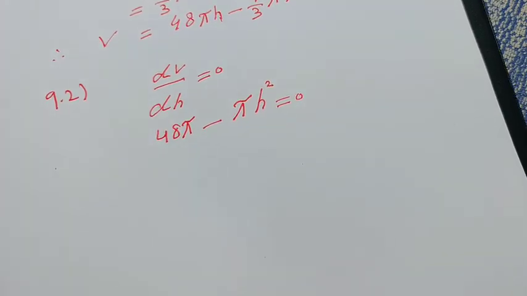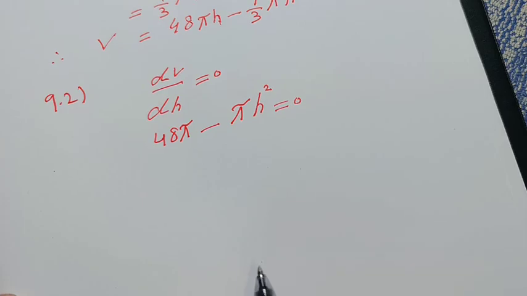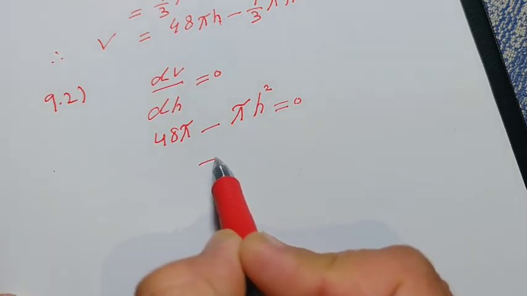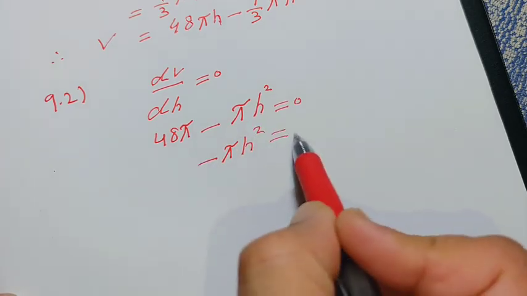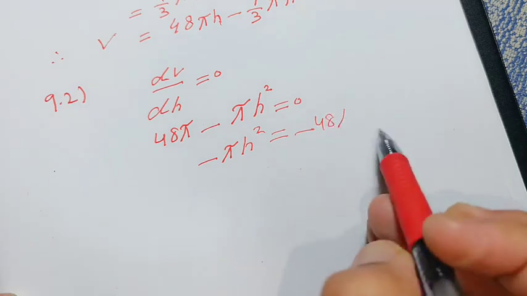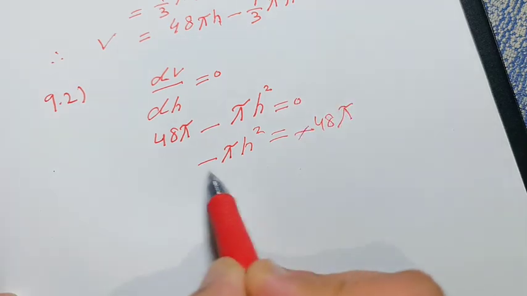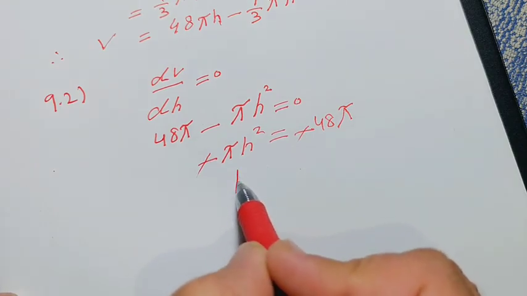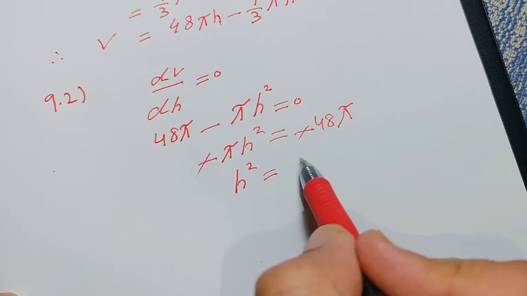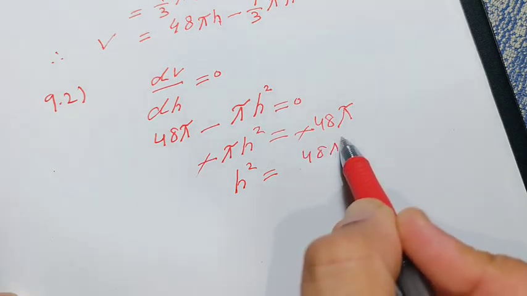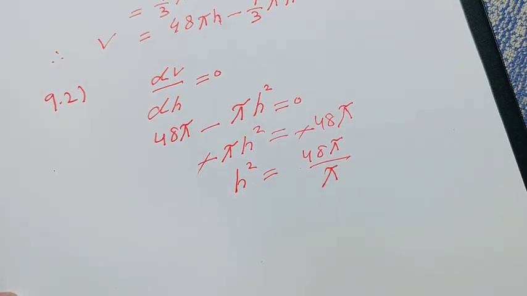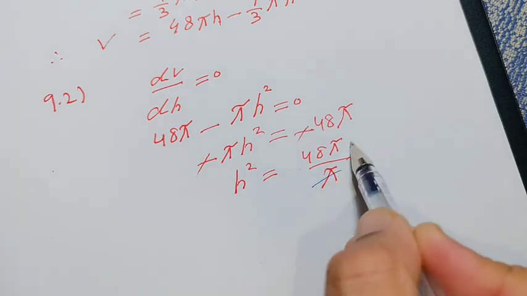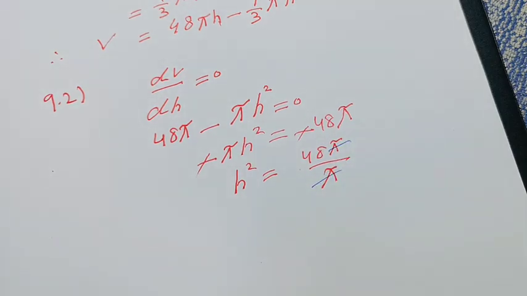Now I need to solve for h. So minus pi h square is equal to minus 48 pi. Minus and minus cancel. I need to find h square. So 48 pi divided by pi, pi cancels, so only 48 is left.